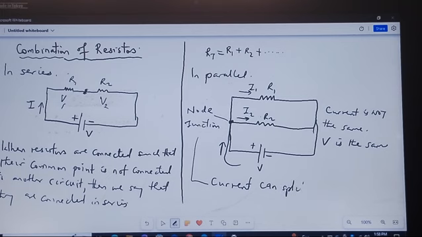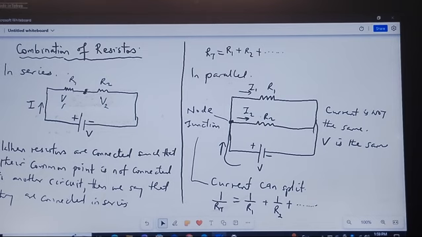For resistors in parallel, the equivalent resistance is given by the reciprocal law. So if we have a parallel combination of resistors, the effective resistance or the total resistance is obtained using the reciprocal law. This can be extended to three or more resistors in parallel.